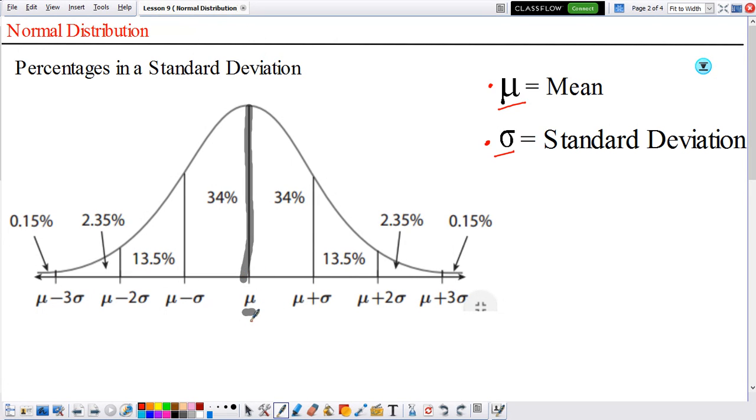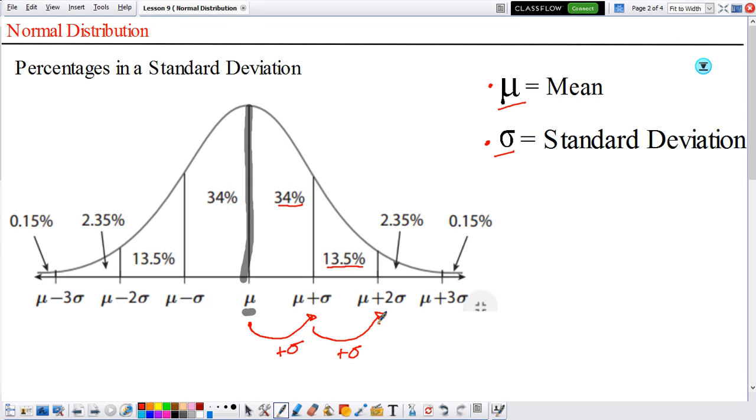Now, if you are on the mean and you decide to add one standard deviation, the first section that you will create is going to give us 34%. So if you're at the mean and you move one standard deviation, you will gain 34% of the overall graph. If you decide to move another standard deviation, on that second step, you will gain 13.5% of the overall 100.